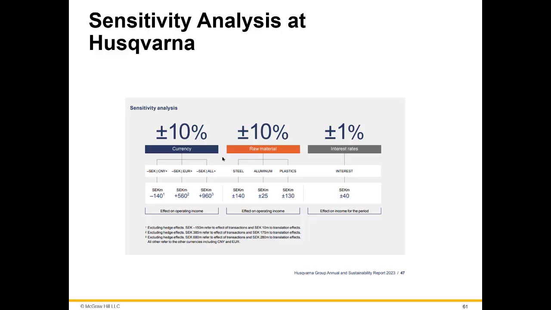Okay, and so look at this, this is Swedish crowns compared to the Chinese yuan. Here's the Swedish crown compared to the euro, and here's the market basket. Hey, what happens if raw materials goes up or goes down? What impact is that going to have on operating income? What if interest rates go up or go down?